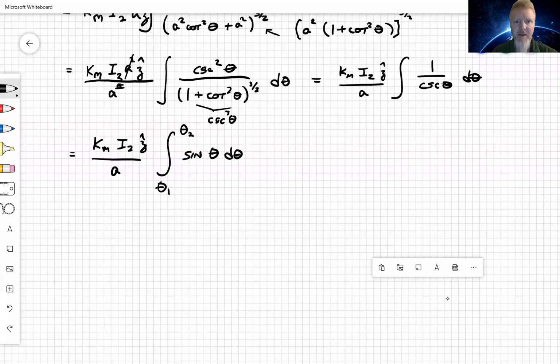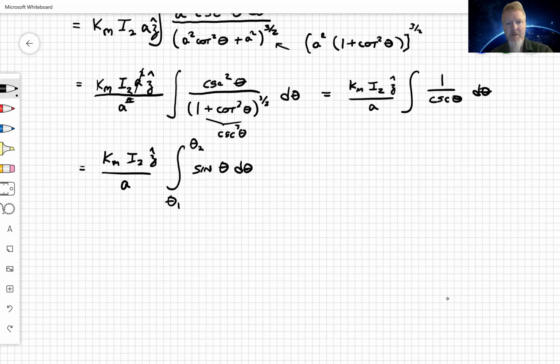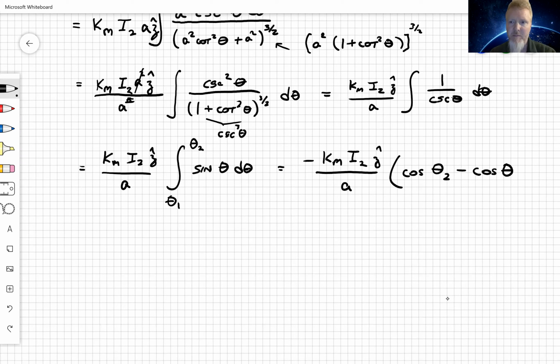Now the integral of sine is just the cosine, or is it the negative cosine? I think it's the negative cosine. So this becomes negative I z hat over a, times the cosine of theta 2 minus the cosine of theta 1.